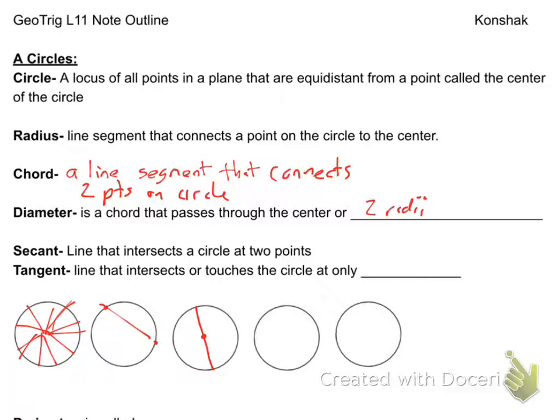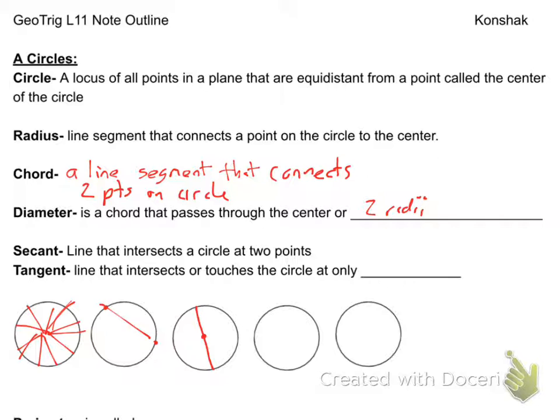And so, we can move on to secant. It's a line that intersects a circle at 2 points. Whoa, wait a minute. That does seem to sound very familiar for secant and a chord. What's the difference? What is missing from secant that chord has? Third word. Segment.